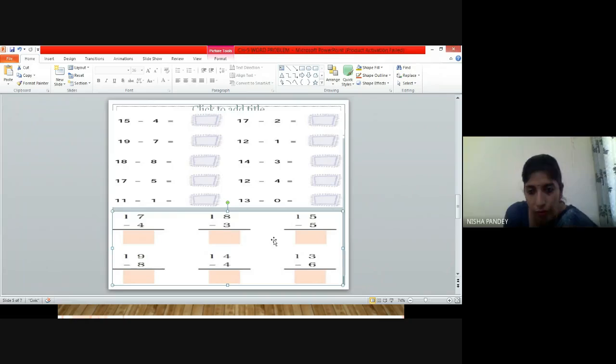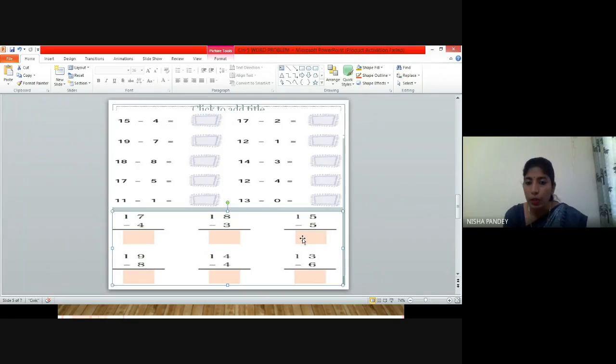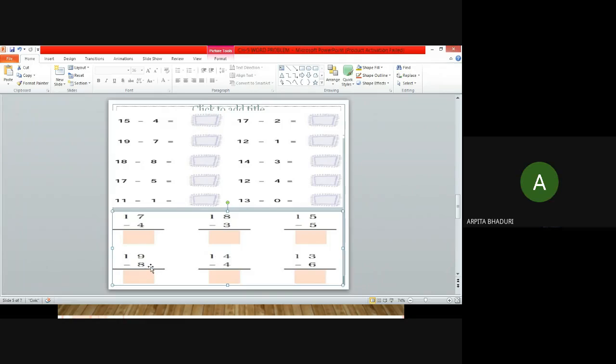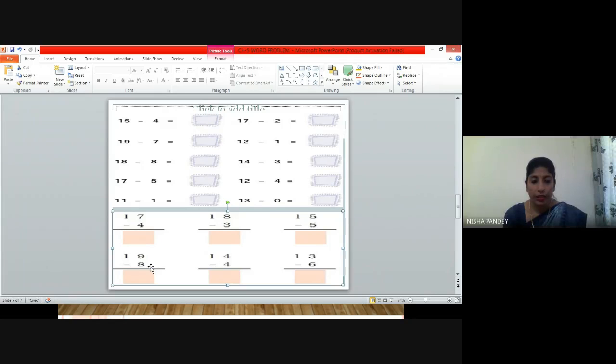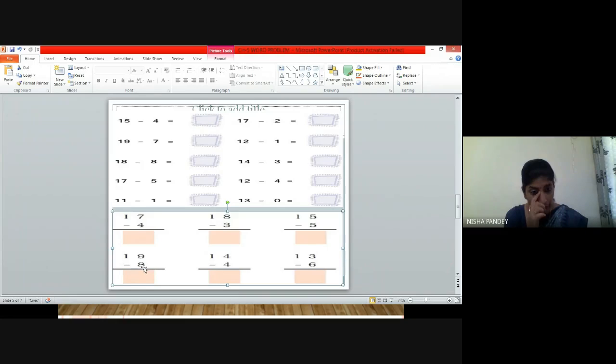Now 15 minus 5. So 5 minus 5 is equal to zero. Zero, and we will get 1 this side, so it will be 10 together, right? Now 19 minus 8. So 9 minus 8 will be, ma'am, one. Very good.